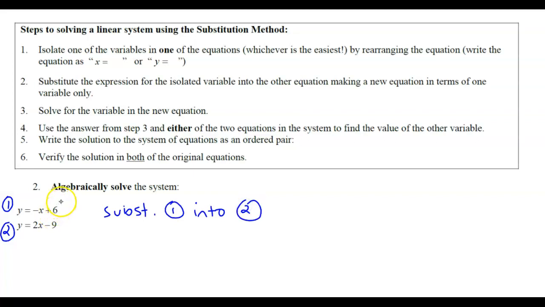So this expression has to go in for y in the other equation. This is going to be negative x plus 6 equals 2x minus 9. If they're both solved for y, you're just putting them together.